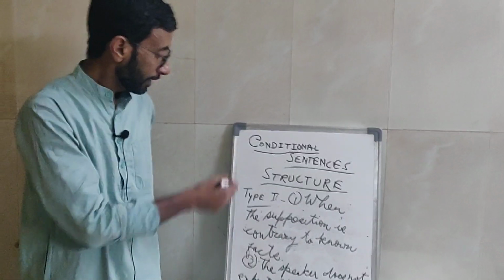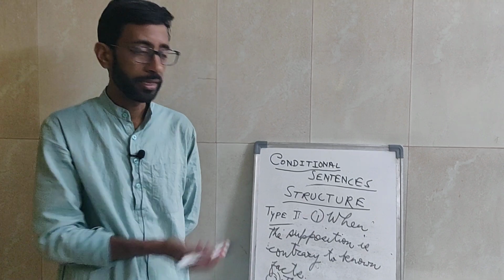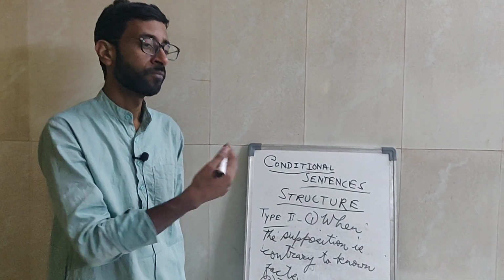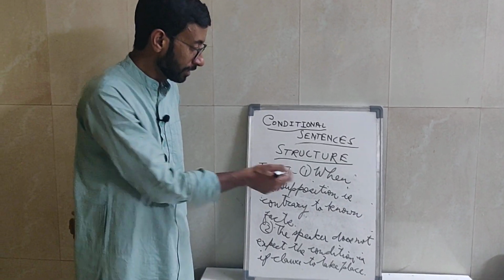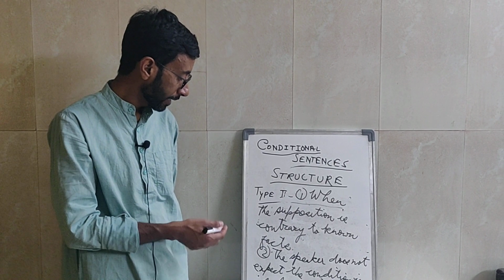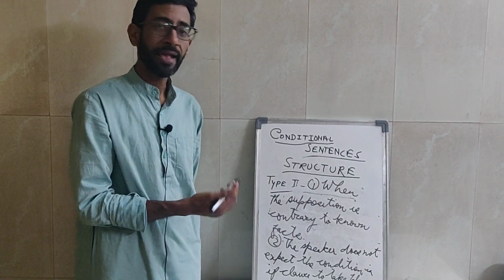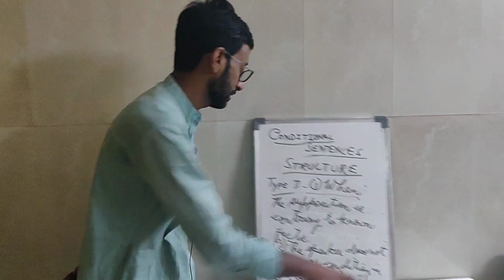So we can say that whenever we have to use the second type of conditional sentence structure, that is if plus would plus simple past, we use it in those conditions when the supposition is contrary to known facts, and second, when the speaker does not expect the action or the condition in the if clause to take place.